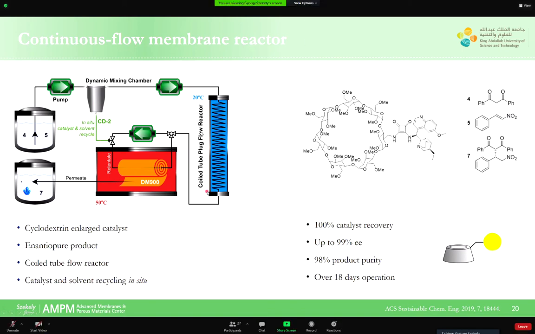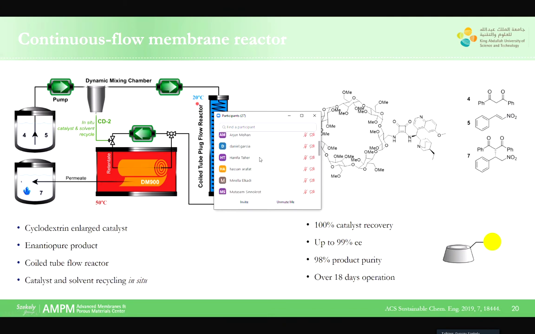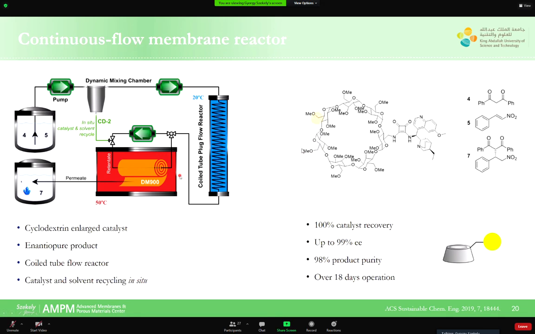The issue that we initially encountered is that the reaction is running at about 20 degrees Celsius. And at that temperature and at the high concentration that we were working at, the product crystallizes out from the system, blocking your plug flow reactor and blocking your membrane surface.